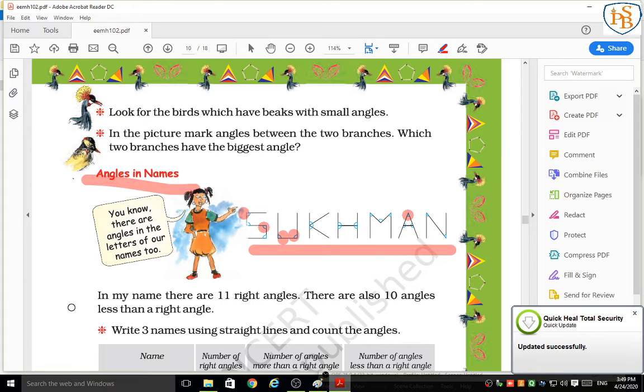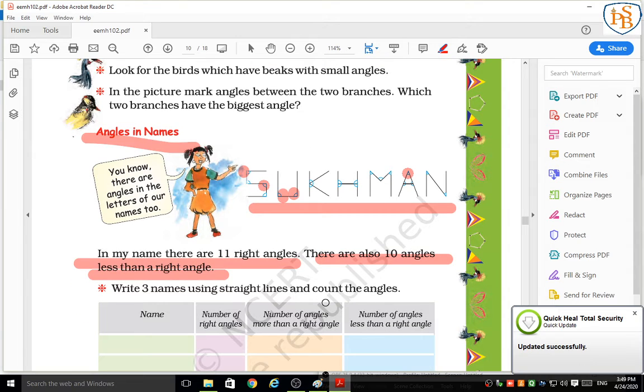Okay, in this picture, in my name there are 11 right angles and 10 angles which are less than right angle. If we see, I will show you, one right angle over here, another is here, 2, 3, 4, 5, 6, correct?